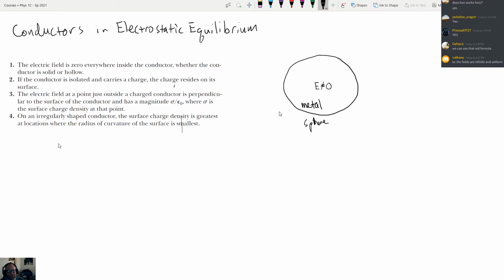What would happen? To understand this, let's place some charges in here. Let's say you have some excess charge within this system. Let's say we place another charge in here, and we assume that our electric field inside of this object points to the right.